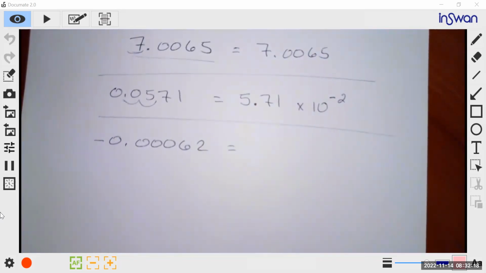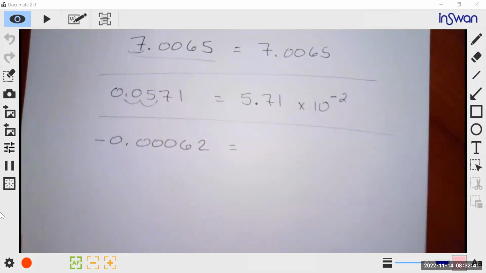Convert that one into scientific notation. What's the number going to look like?